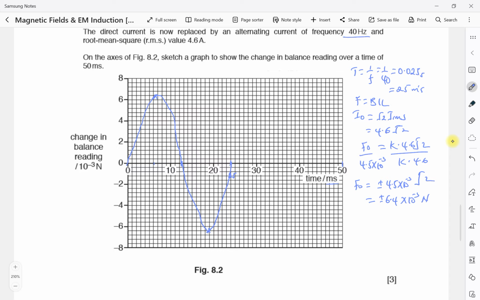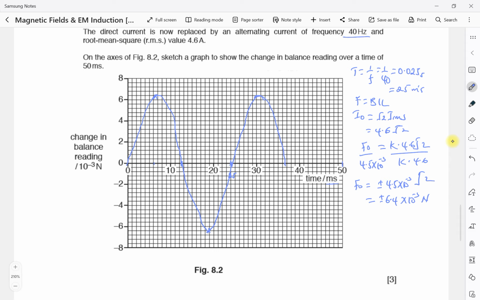Then another quarter will be at 1, 2, 3, 4, 5, 6, almost here, around there. Then it goes to 0 at, that is 25, 1, 2, 3, 4, 5, 6, 7, 8, 9, 10, 11, 12 and a half. So it goes to 0 at this point here.